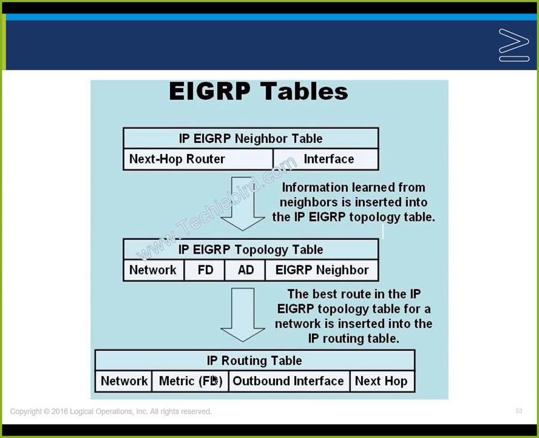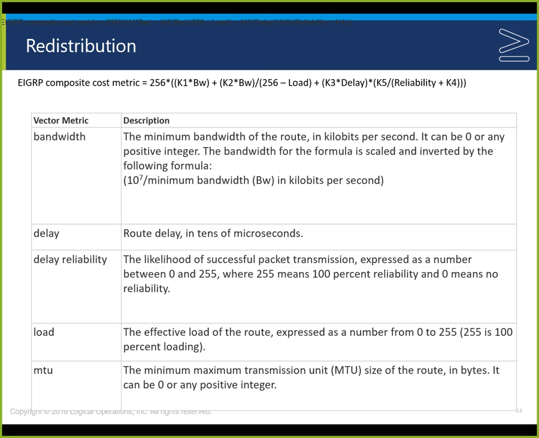The best route then is going to go into the routing table. Once the routers initially share all of their information, they only update when there are changes, and that's one of the things that makes it different than some of the other routing protocols. OSPF was changes also.